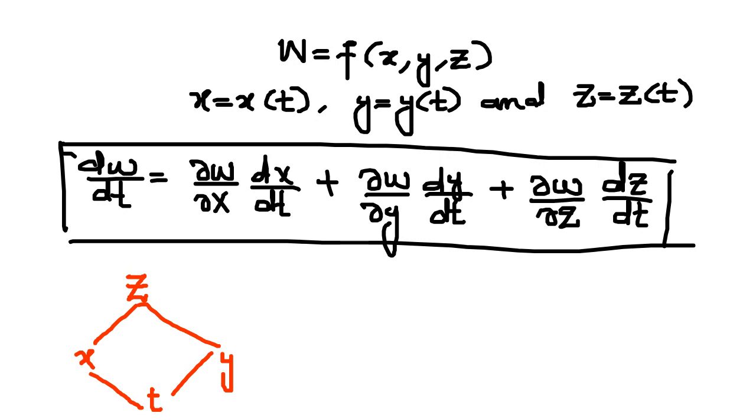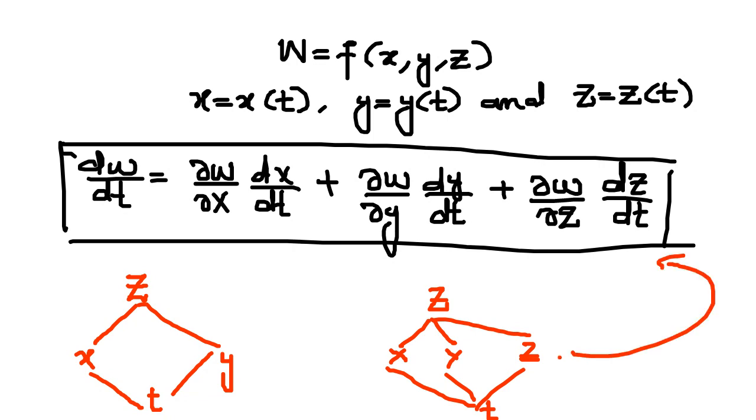So if w is a function of x, y, and z, and they are all functions of the same variable t, you can find the chain rule between them. So this is the formula for finding the chain rule. Now I will give you one question for two variables and one question for three variables, so it will be clear how you can apply the chain rule for finding derivatives.